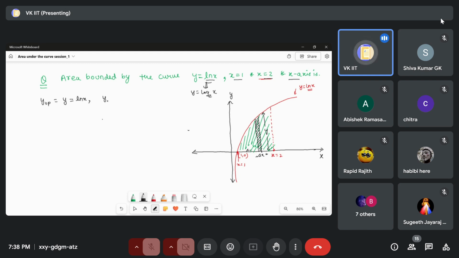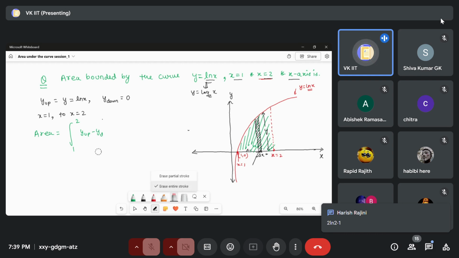Y lower, or y down, whatever you say, will be nothing but, in this case, since it is lying on the x-axis, it will be 0. Limit is given from x is equal to 1 to x is equal to 2. So therefore, the area will be nothing but limit x is equal to 1 to 2, y up minus y down.